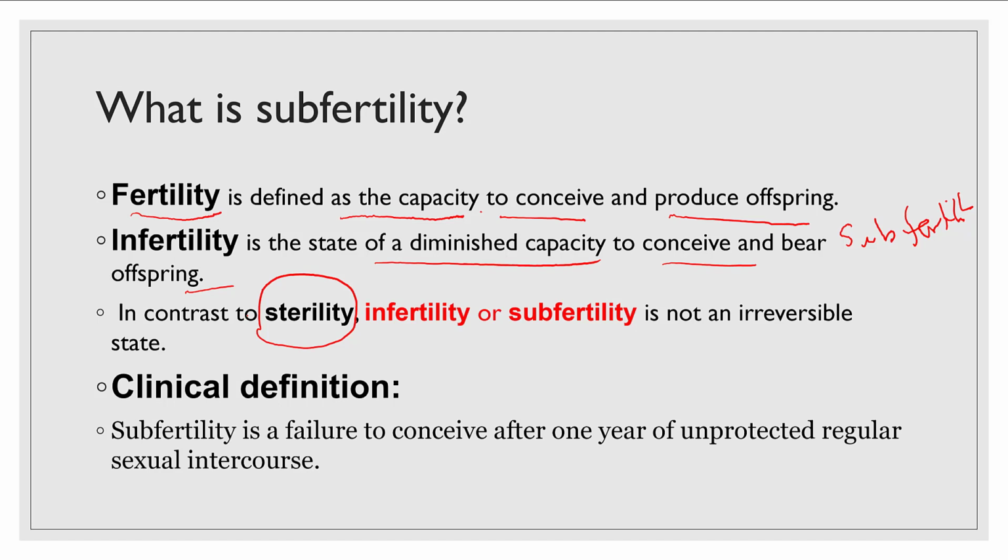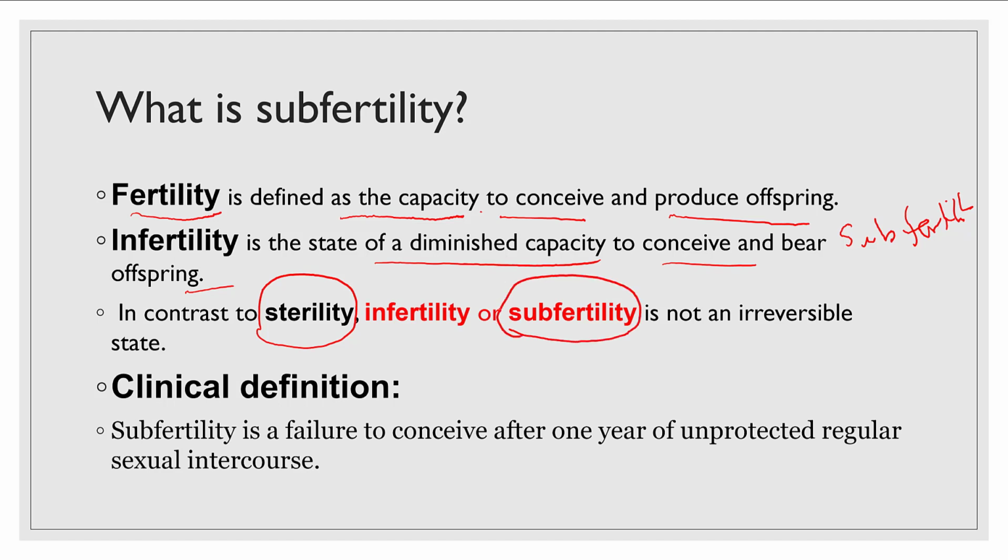The ability to produce offspring is not available or not there. So that is sterility. Whereas infertility and subfertility are degrees or variations of fertility, but still there is a hope or ability to conceive. So they can be used interchangeably, but generally what we prefer is subfertility.